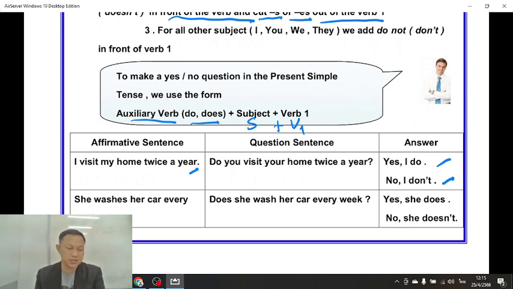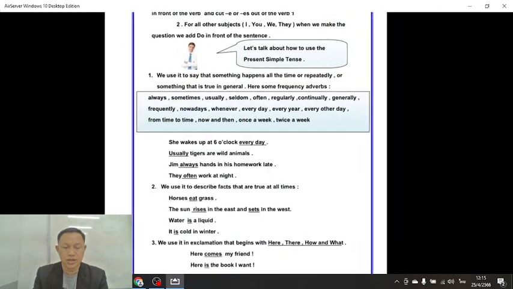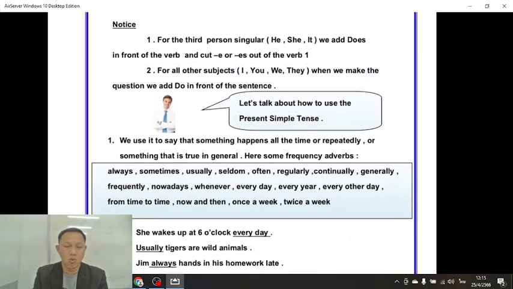Affirmative sentence. She watches her car every week. Question sentence. Does she watch her car every week? Yes, she does. No, she doesn't. Notice 1.